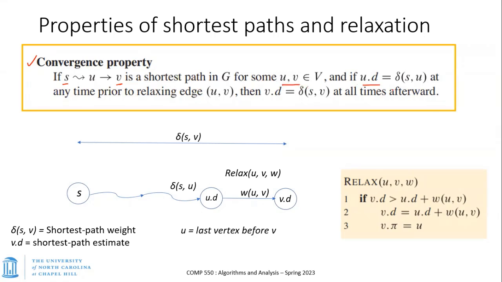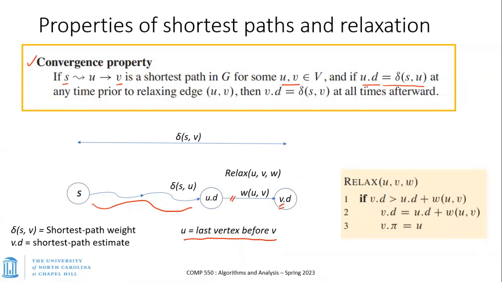And U is defined here as the last vertex before V. So you have a path going from source to some destination V, and we're saying, well, just the vertex which is one vertex before the final destination. So U is the last vertex before V. So this here is an actual edge. This is not a path. So this here is a path. And eventually you have an edge which goes from U to V, which is the last vertex before V.